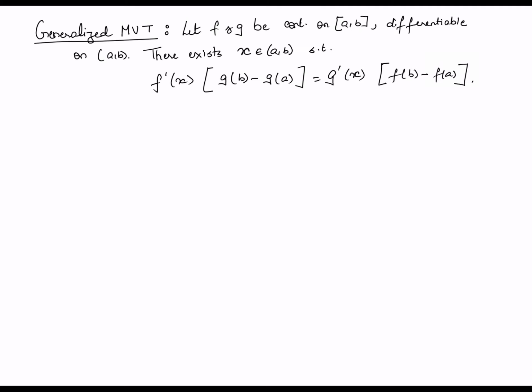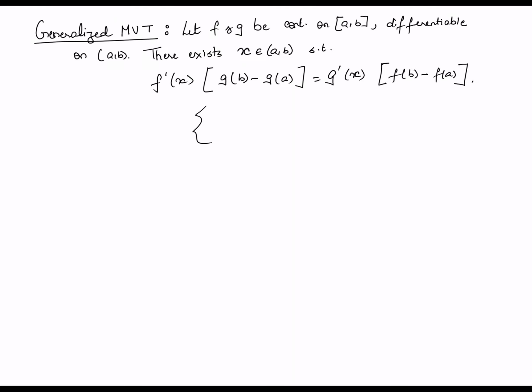So under the same hypothesis as for the original mean value theorem, but I have two functions now satisfying that hypothesis. f and g are continuous on the closed interval from a to b and differentiable in the open interval from a to b. Then you are guaranteed that there exists at least one x in the open interval from a to b which satisfies the condition that f prime x times g of b minus g of a is equal to g prime x times f of b minus f of a.